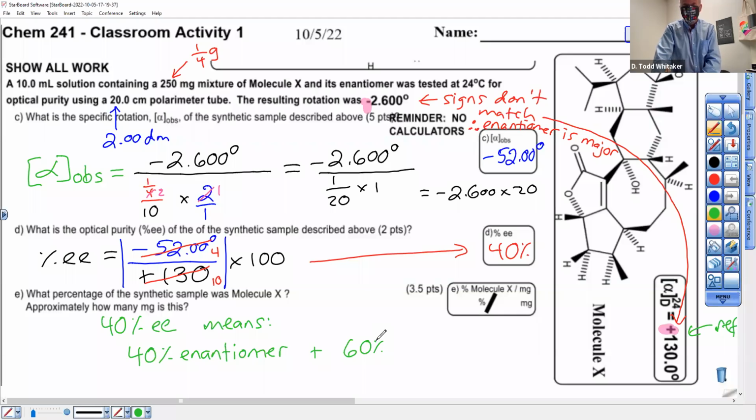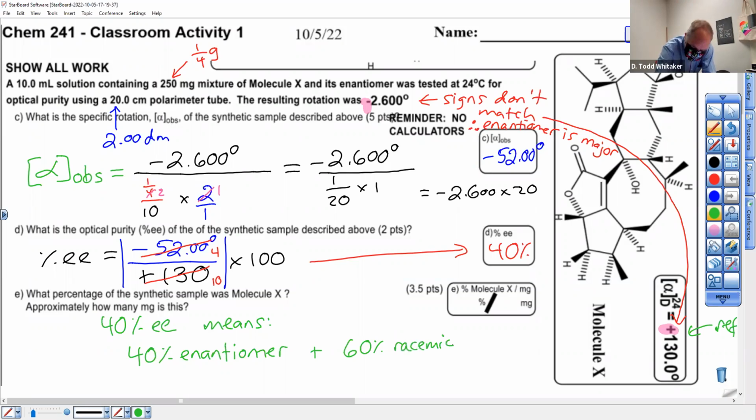We had a name for that. Say it again? Oh, you got all the right letters. He anagrammed racemic. He said ceramic. I liked it. I love anagrams. Yeah, it's a racemic mixture for 60%.